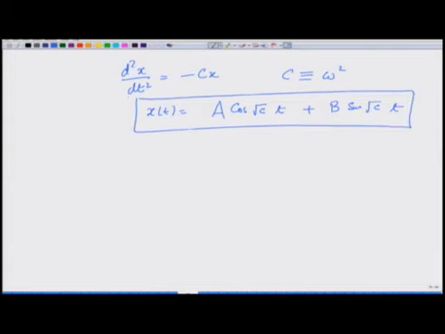I will develop it mathematically further, but I am motivating you how this equation, where d2x/dt2, that is the second derivative of displacement or the acceleration, is proportional to the displacement itself with a negative sign, gives a motion which is simple harmonic.